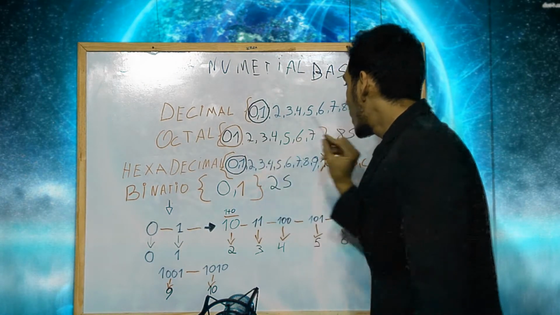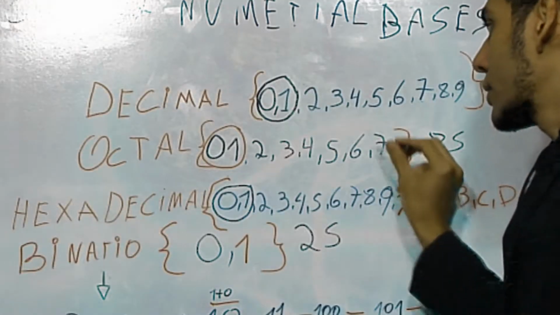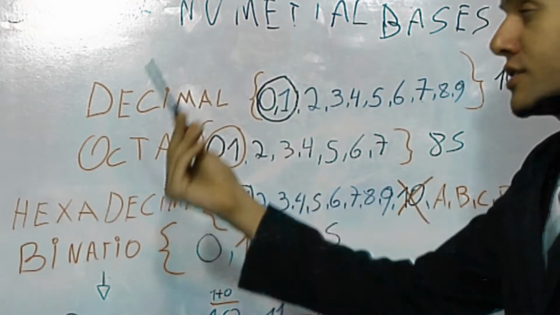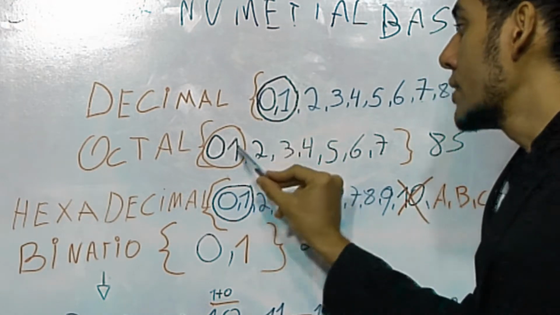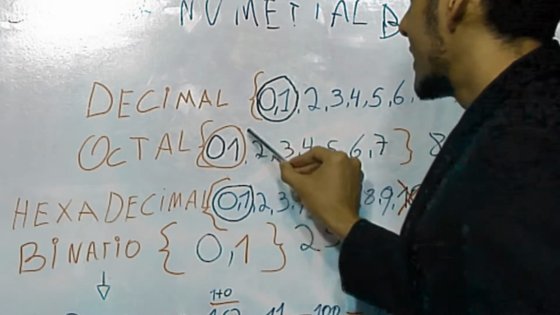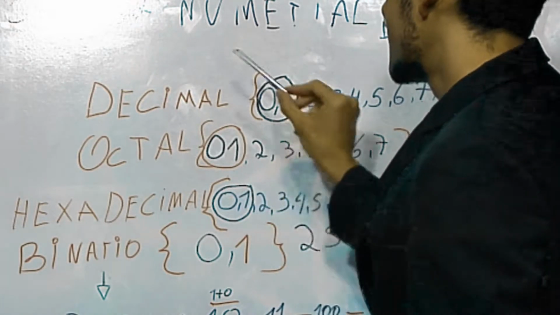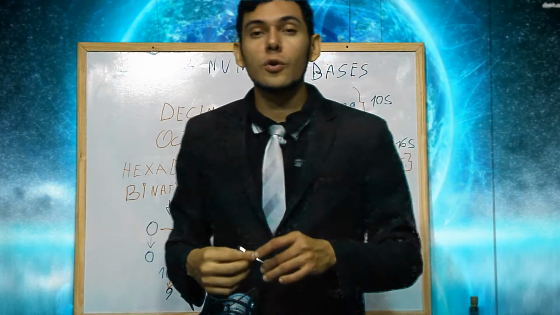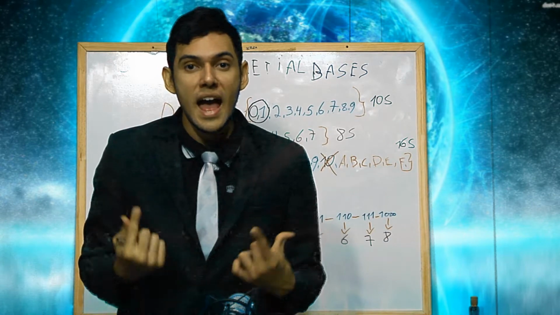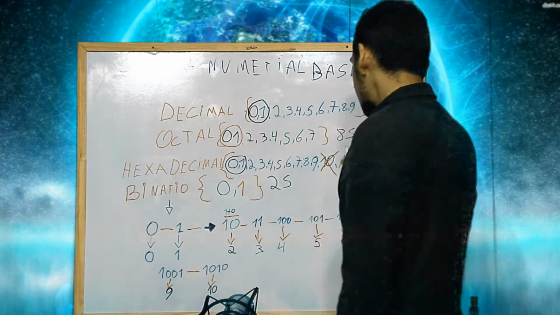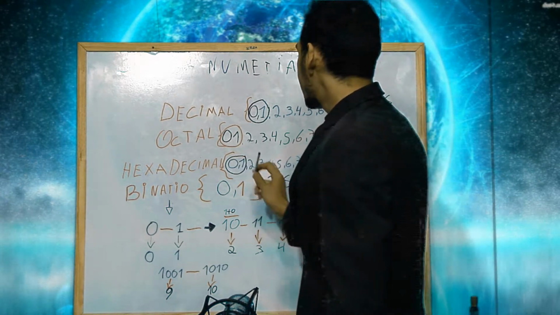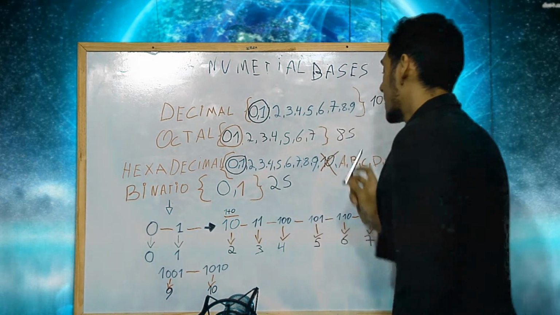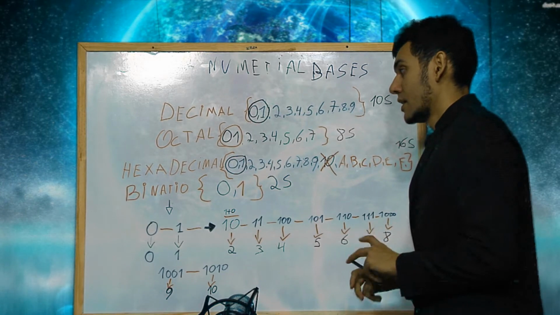So here, when we want to say the number 8, we use the same rule you just learned. Get the first number with value, 1, and the new number, 0, and we have the number 10. So in octal base, the number 10 actually means the number 8, and the number 11 is going to be the number 9.